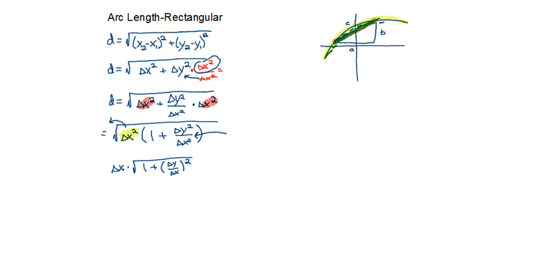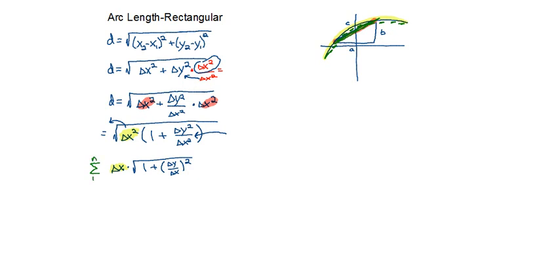And so we want to shrink this triangle down. We want delta x to get smaller and smaller, and we want to add up all of those lines. So if we're going to add a whole bunch of things up, that means we have to use the summation from 1 to some number n.